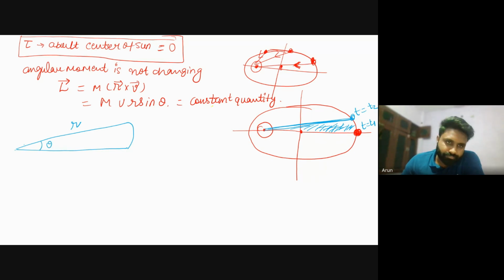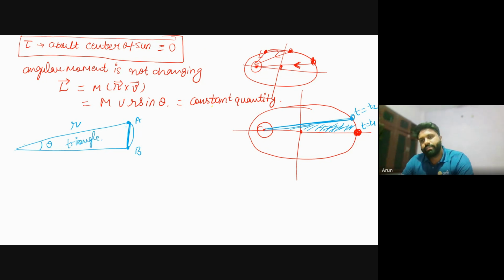Got it? We can assume this point is A, this point is B. These points are so close to each other that we can assume the line joining points A and B is a straight line. So you will have a triangle.